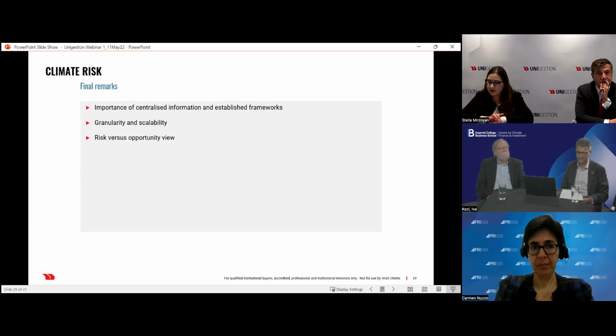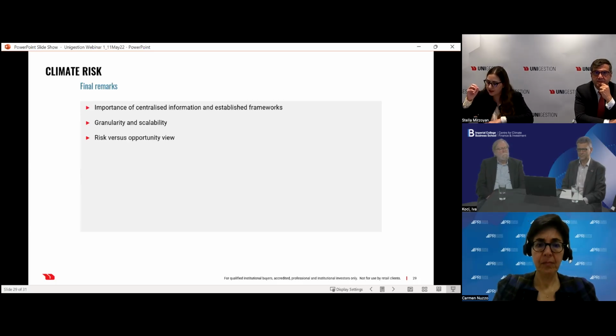Secondly, I think it is important to keep feasibility and scale in mind when we conduct climate risk assessments. A granular firm level approach may be the best from the point of view of accuracy, but it becomes very difficult when you try to scale it up to very large equity portfolios. It can require a lot of work, and at the large scale, it may not be so feasible doing it at firm level.